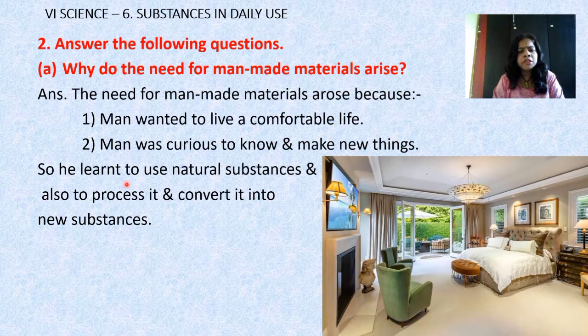So he learned to use natural resources and also to process them and convert them into new substances. So children, here man wanted to live a very comfortable life, and man is a very intelligent species. So slowly they started discovering more and more new and comfortable things. That is why the need for man-made materials arose.